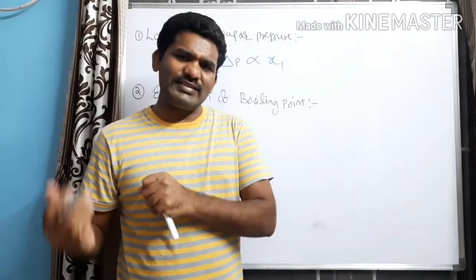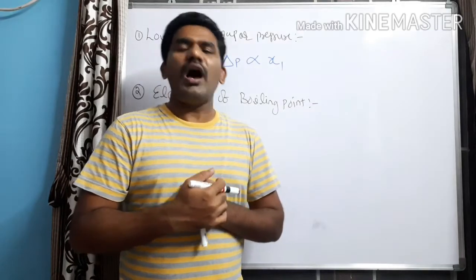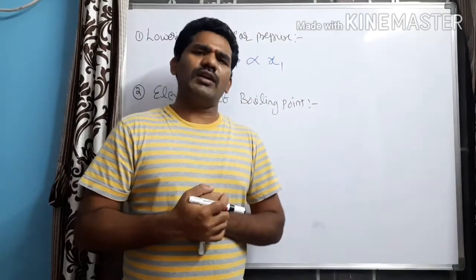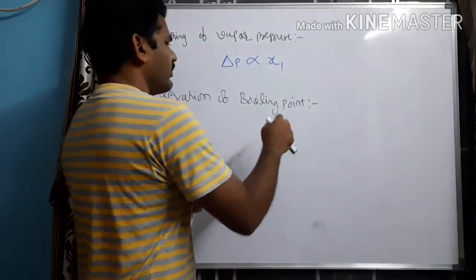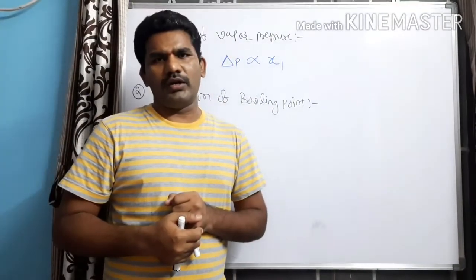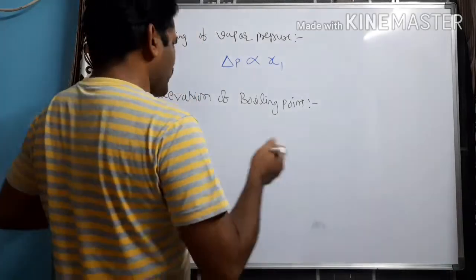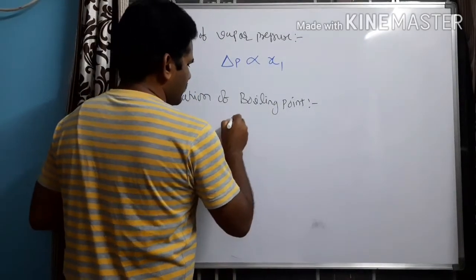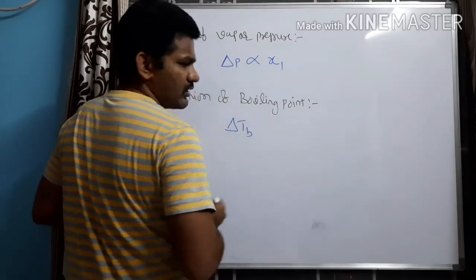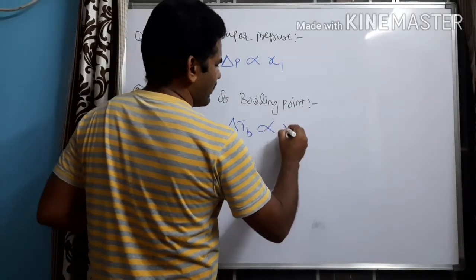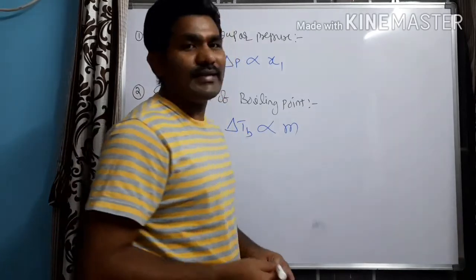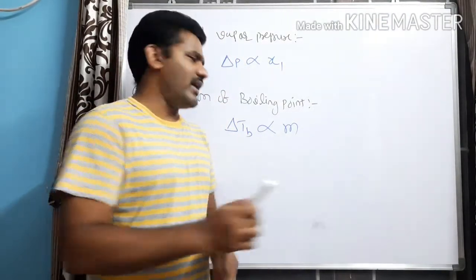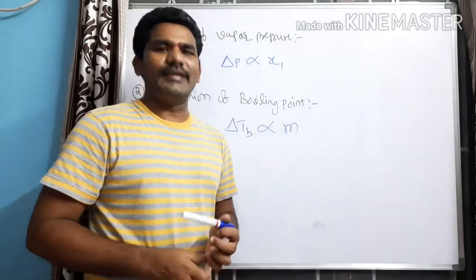This increase in boiling point of the solution upon addition of non-volatile solute is called elevation of boiling point. It is represented by delta TB. Elevation of boiling point is directly proportional to molality.